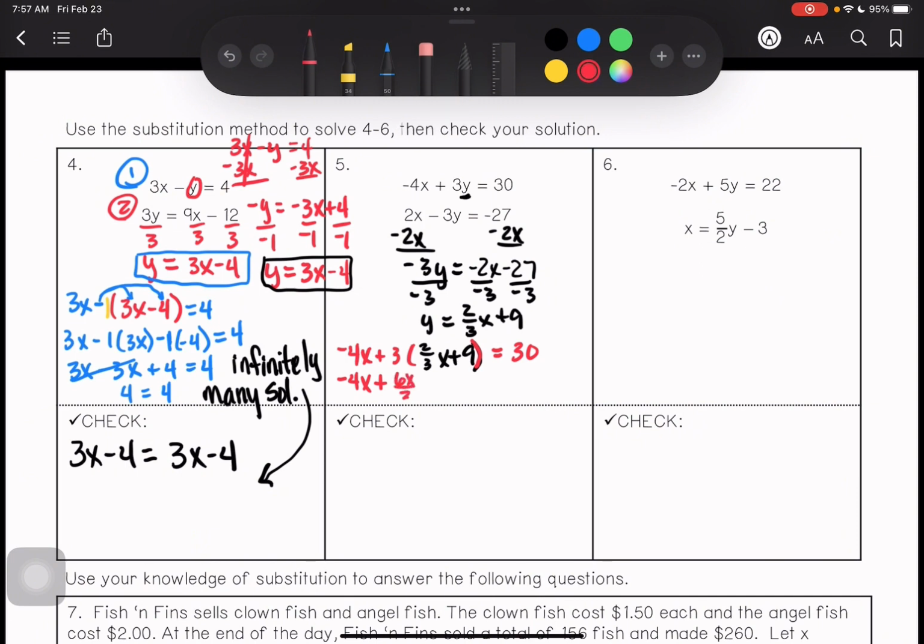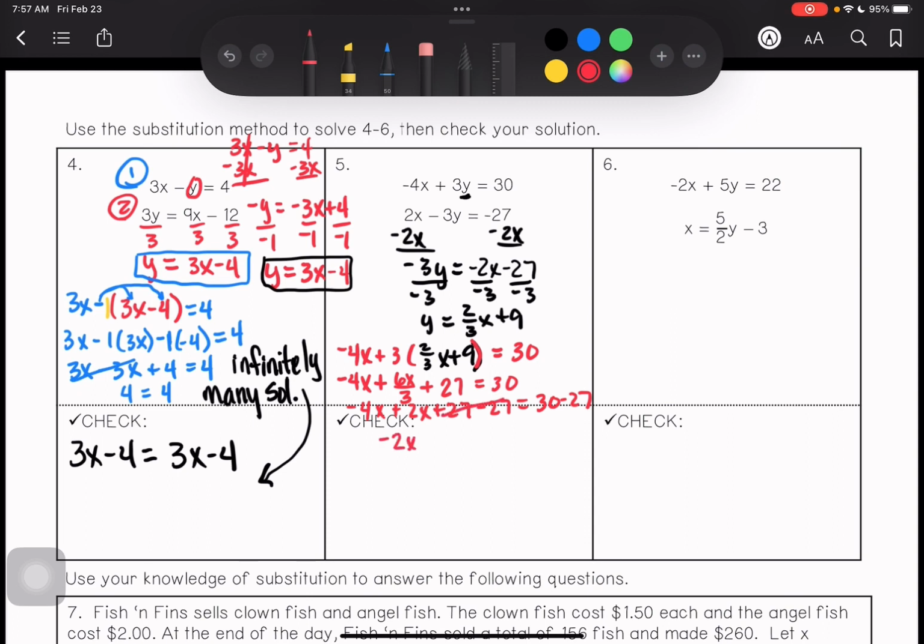When I multiply this and distribute, I get 6x over 3 plus 27 equals 30. It gives me negative 4x plus 2x plus 27, and I'm going to subtract 27 from both sides. When I combine like terms, they give me negative 2x.